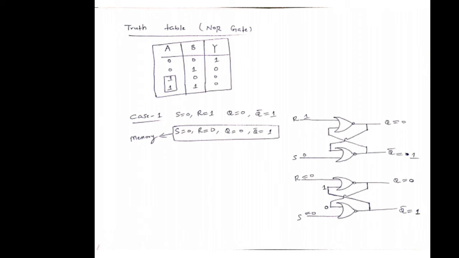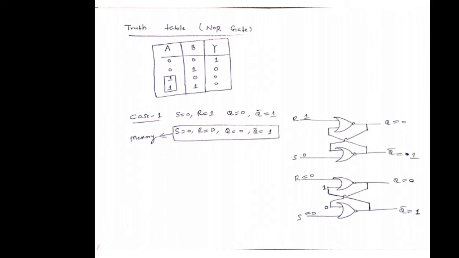If I know the truth table of the NOR gate, I can complete all this explanation easily. A and B are two inputs, Y is the output. If I have two inputs, we have four combinations, those are 0 0, 0 1, 1 0, 1 1.